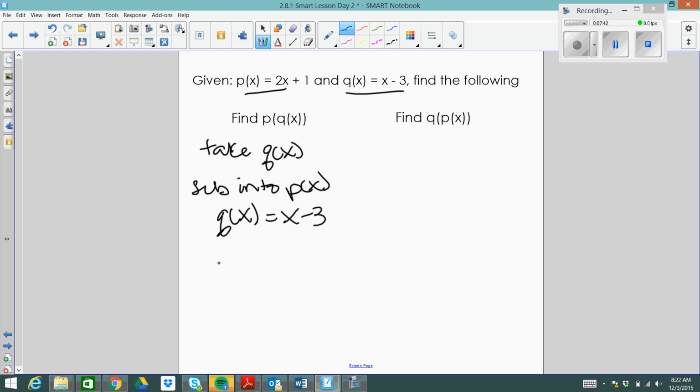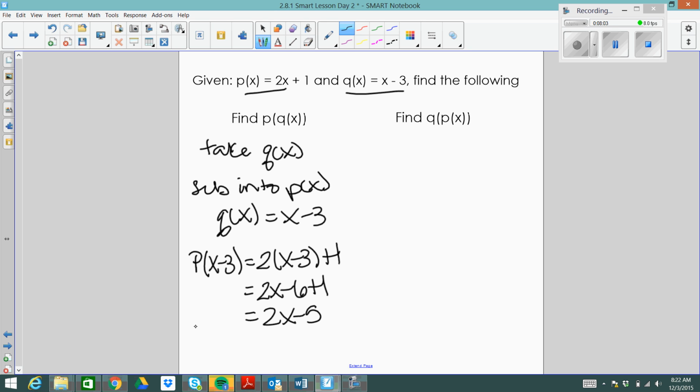P of x is 2x plus 1. So p of x minus 3 is what we're going to be doing. So 2 times x minus 3 plus 1 gives me 2x minus 6 plus 1, which gives me 2x minus 5.